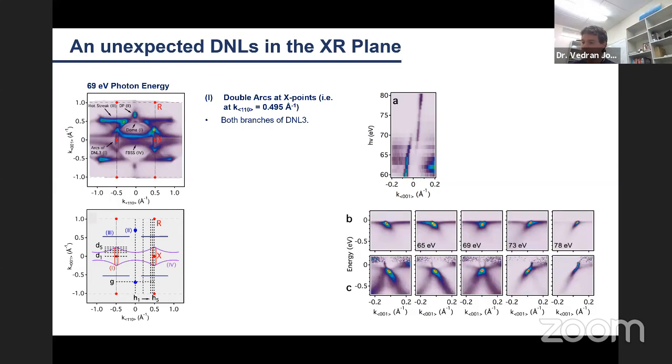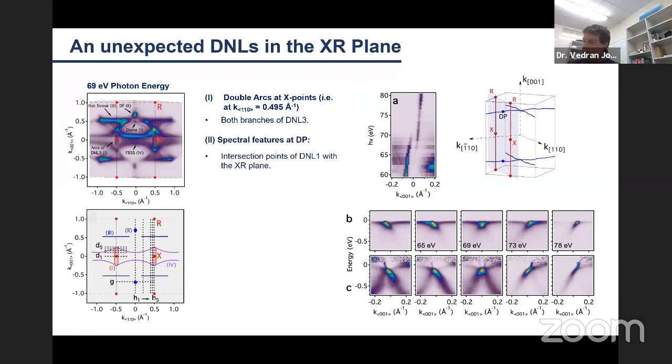And then next we find the intense spectral features labeled DP. These are the intersection points of Dirac nodal line 1 with the XR momentum plane, as you can see in that little schematic.